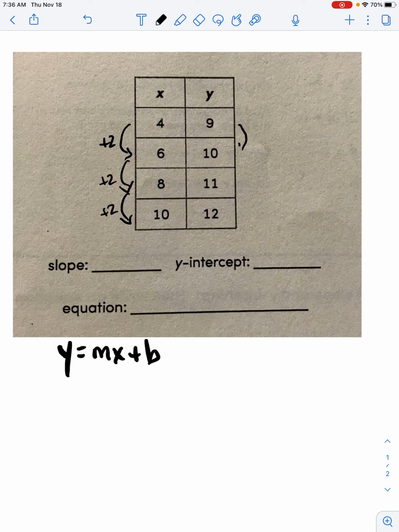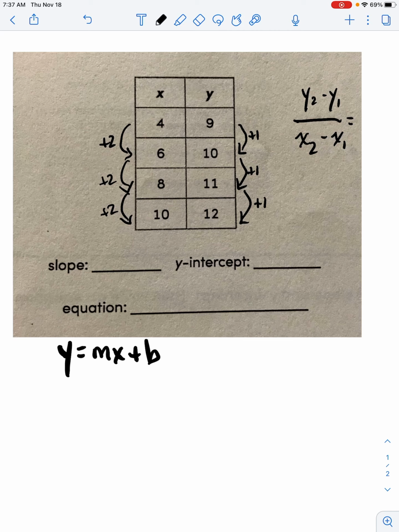And over here, from 9 to 10 is plus 1. From 10 to 11, plus 1. And plus 1. So what do we want? We want y2 minus y1 over x2 minus x1. We can pick any two y values and the corresponding x values.